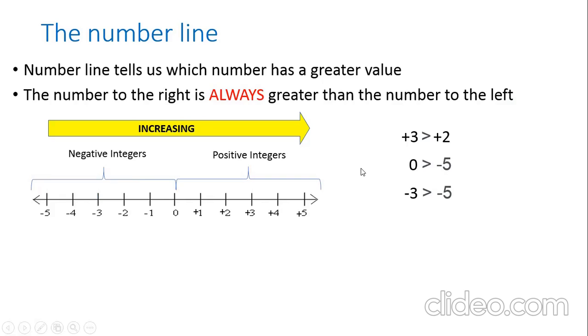We notice that 3 falls on the right side of 2, so 3 is bigger. 0 is larger than -5, so here 0 falls on the right side of -5, so 0 is bigger. -3 is larger than -5, again here -3 falls on the right side of -5, so it's bigger.